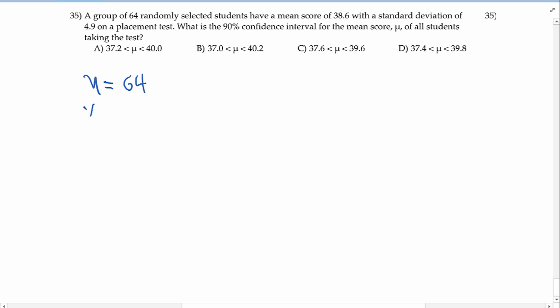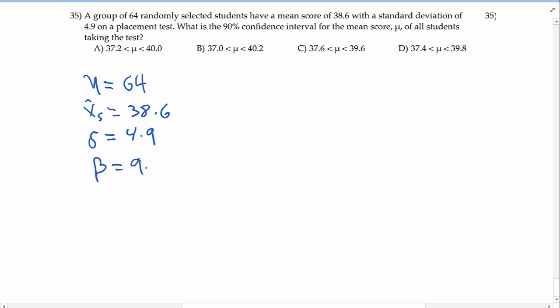So the mean of the sample is what? 38.6. With a standard deviation of, notice that the standard deviation given is not of the sample of the population. We know that by the symbol of 4.9 on a placement test. What is the 90% confidence interval?